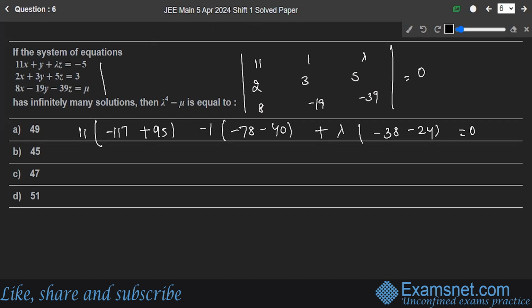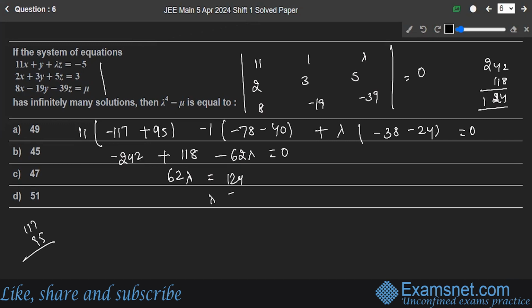Here you have minus 11, and this will give me 22, and this will give me 242 minus, and this will be plus 118, and minus 62 lambda is equal to 0. So you have 62 lambda is equal to, let's solve both of them, you have 242 and 118, or lambda is equal to minus 2. Right, so I got the value for lambda.